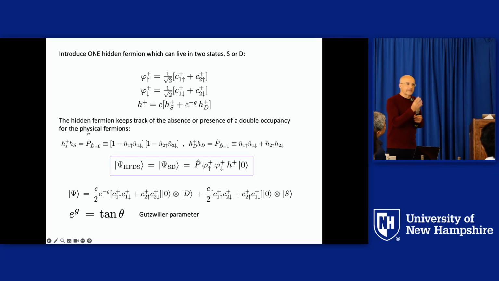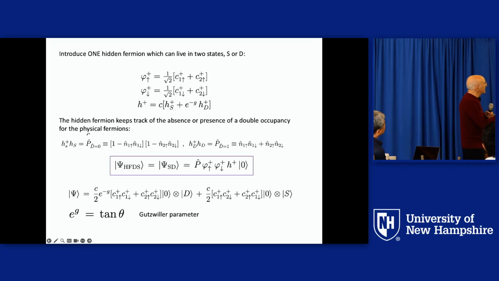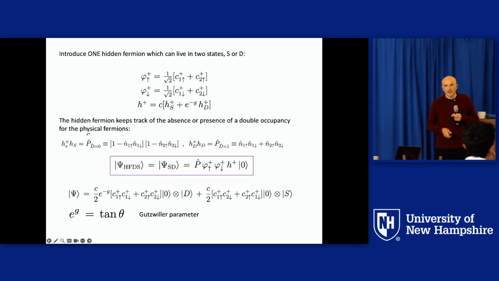And when we project back that wave function onto the physical Hilbert space, so tying the configuration of the hidden fermion to the configuration of the physical electron, this projection here is telling me that if the single hidden fermion is in the S state, that means that we have no double occupancy, while if it is in the D state, this means that we have one double occupancy.